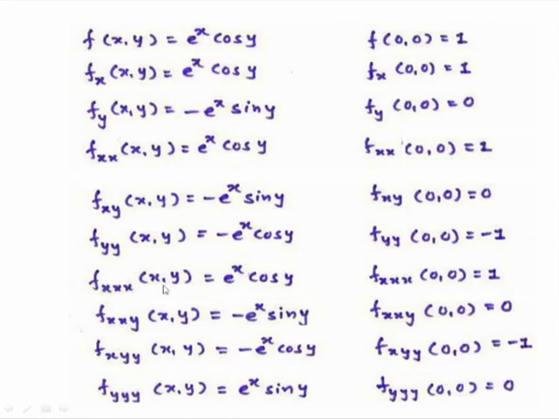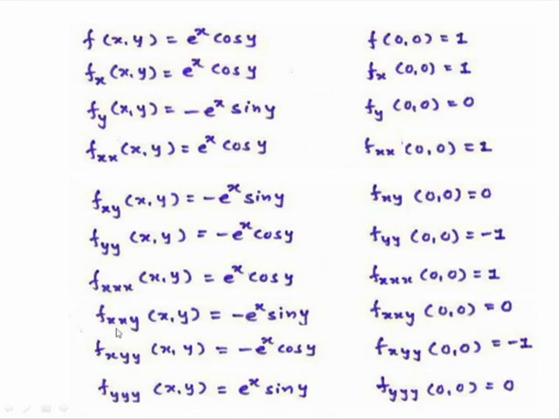And similarly we can find out the third order partial derivatives. So fxxx at (x,y), so 3 times derivative of e raised to x is e raised to x only, so e raised to x. Cos y is constant because it does not contain any variable x. Okay, so this cos y as it is. fxxx at (0,0) is e raised to 0, 1, and cos 0 is 1, so this value is 1.